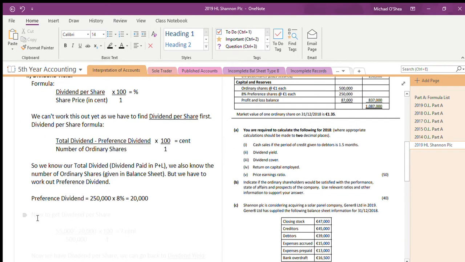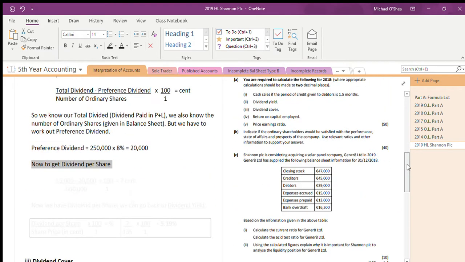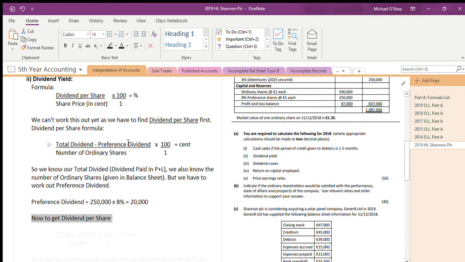So, to get dividend per share, dividend per share is total dividend, which I'm given up here to be my dividends paid, 55,000, minus my preference dividend, which I've just worked out to be 20,000, divided by the number of ordinary shares, which I'm given to be 500,000, multiplied by 100 over 1, equals cent.